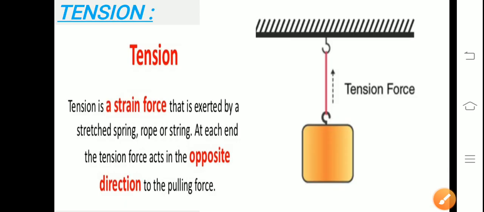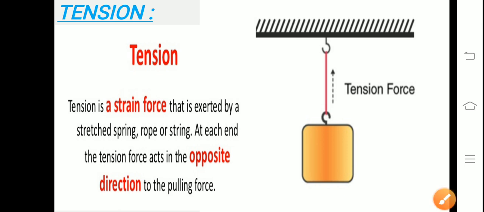First one, tension. See the diagram here. A weight is hanging, right? The tension is a strain force that is exerted by stretched spring, rope or string. At each end the tension force acts in the opposite direction to the pulling force.